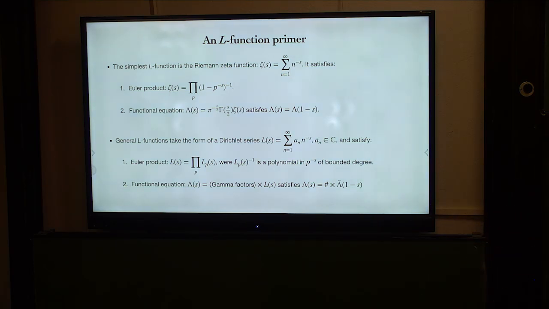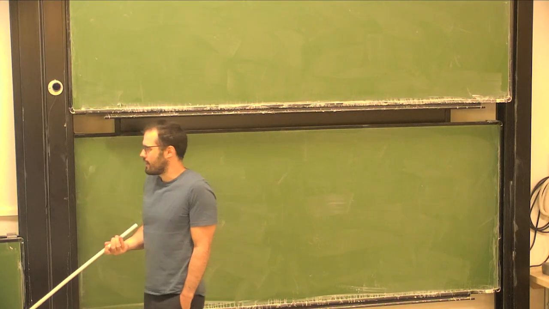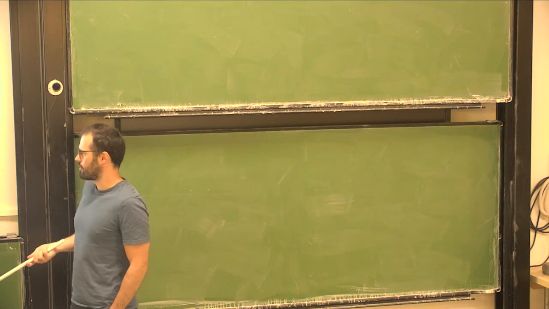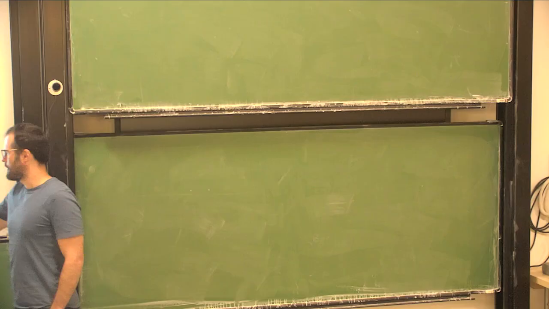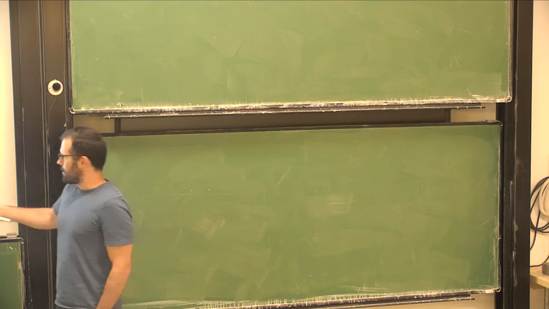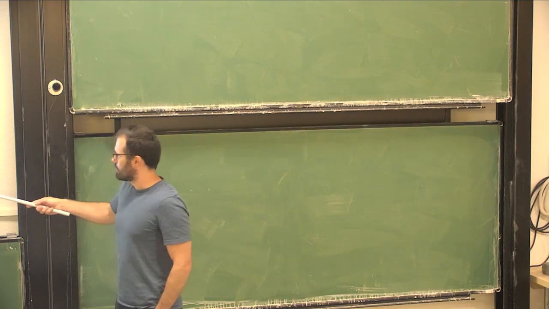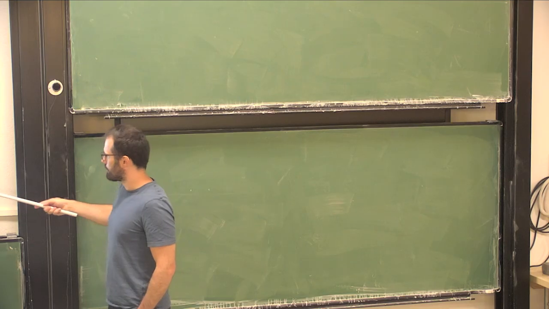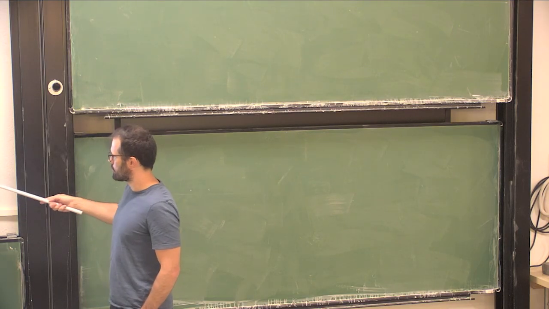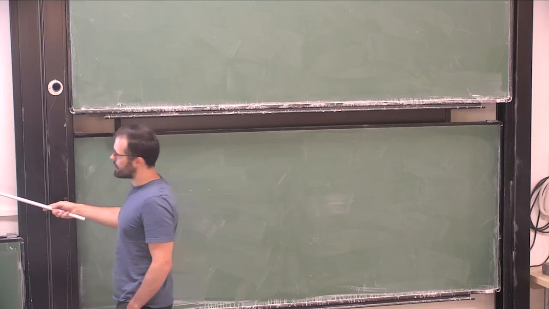And one can define a general L function to be an appropriate generalization of the Riemann zeta function. So here's the definition. An L function is first of all a Dirichlet series, which is this kind of object: a sum over integers of n^(-s) with some coefficients, which are some complex numbers. But these complex numbers are not arbitrary.